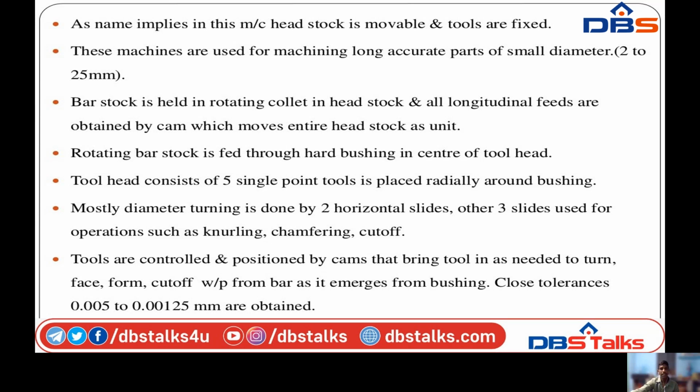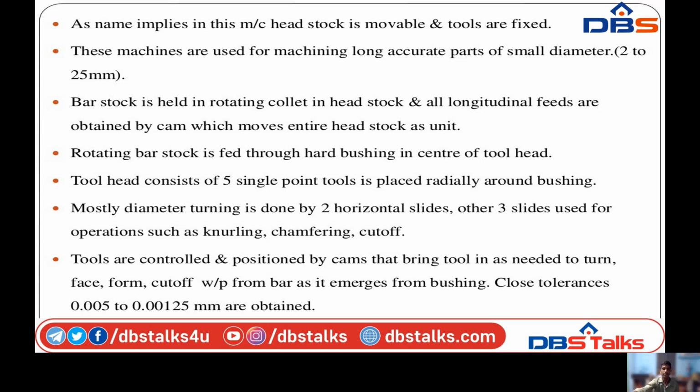The tool center is movable from left to right for our requirement.